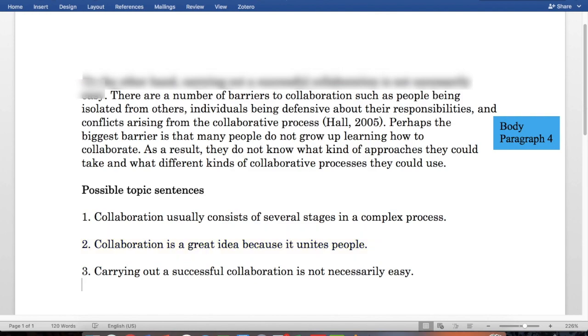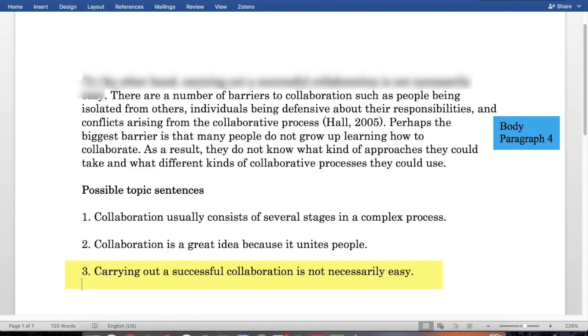So number 3, carrying out a successful collaboration is not necessarily easy. So I think this is probably the most appropriate one, because we're talking about barriers and problems and why people can't collaborate. So I think that means it's a difficult process sometimes. It's not easy. So I think it's number 3.